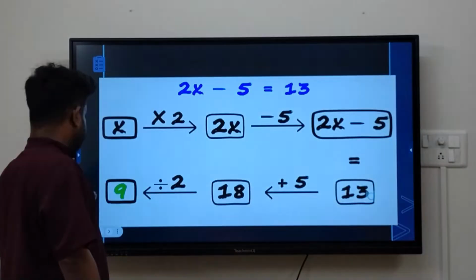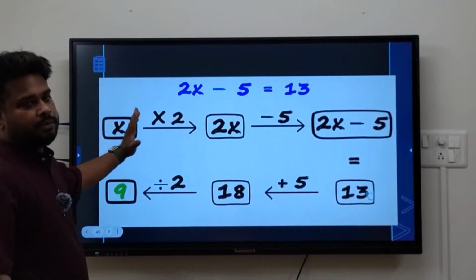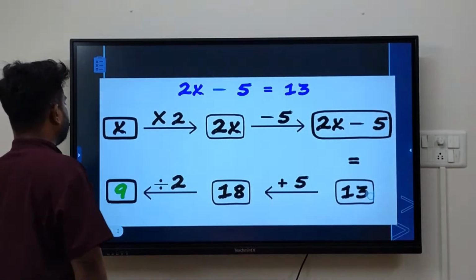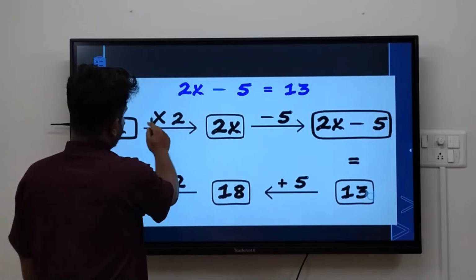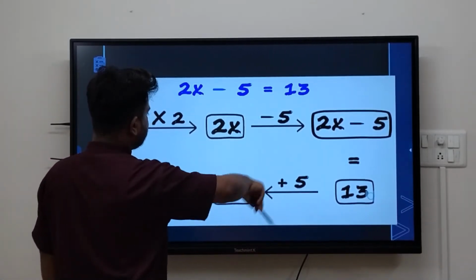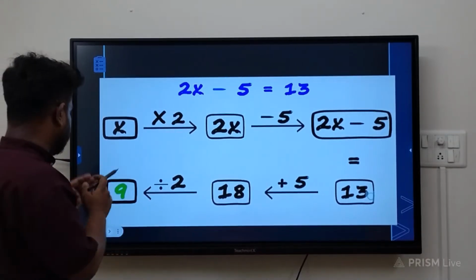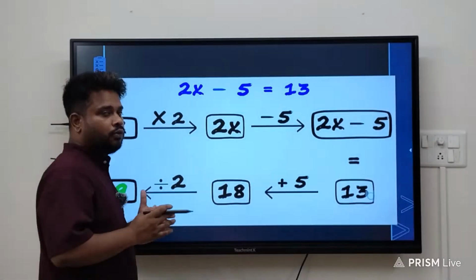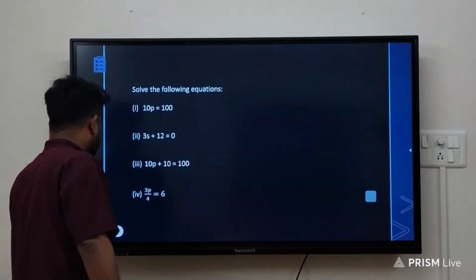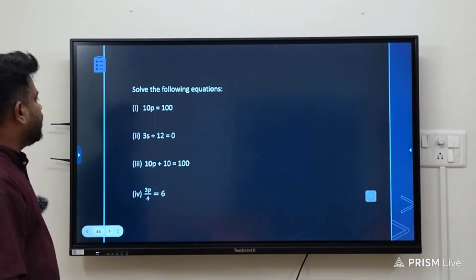Okay, so watch the flowchart method like this, making the equation like this and having a flowchart to solve the equation to find the value of x or the variable. Okay, so solve the following equations.